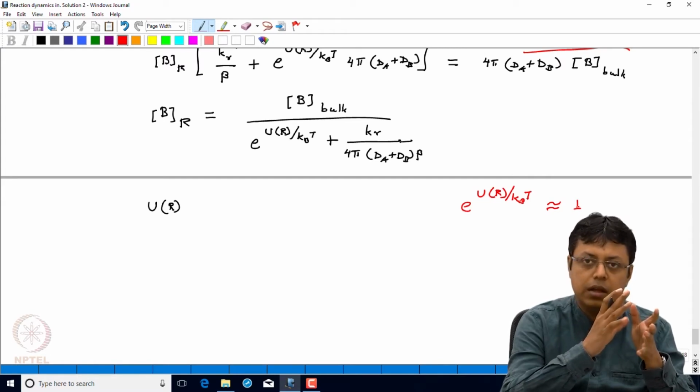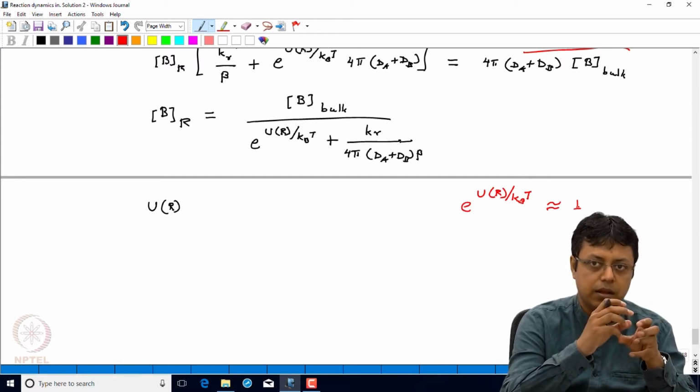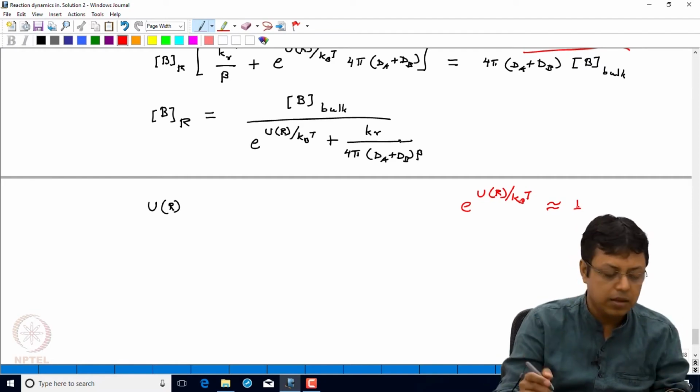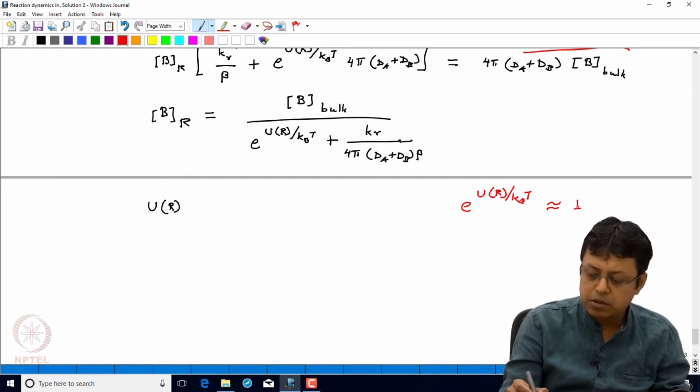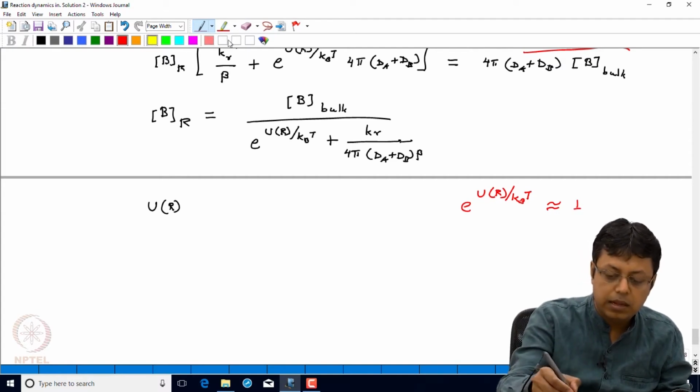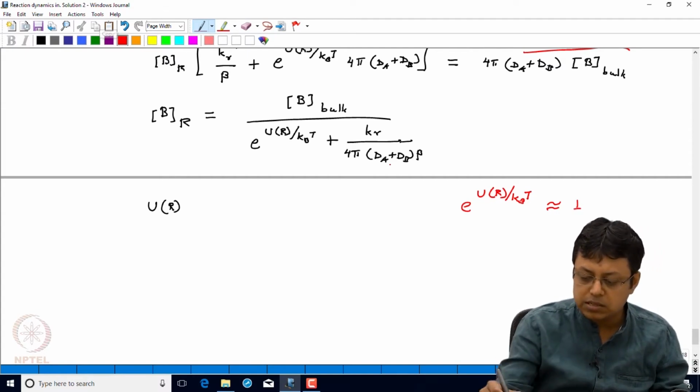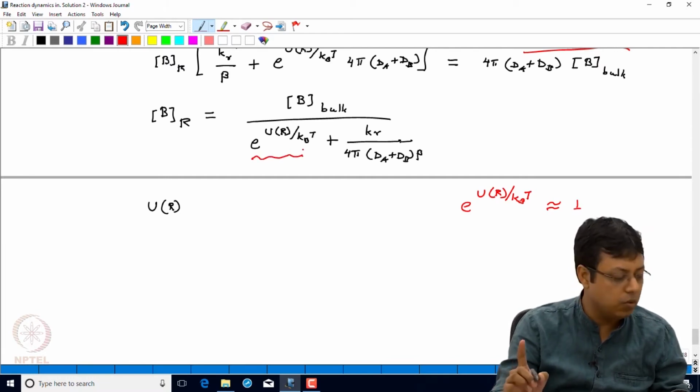So that's why we are ignoring it, and we are saying that compared to kBT it is small. That's the entire thing. So then I can approximate, since ur is very small, and we can just remove this term and write it as 1 instead of this entire term.